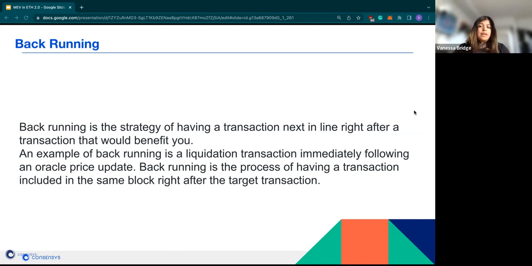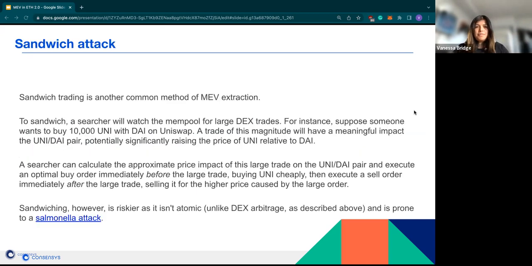So basically that allows you to generate some profit, but it's not affecting the person that was sending the transaction as much as front running, where you're actually kind of stealing the arbitrage opportunity they might have identified.